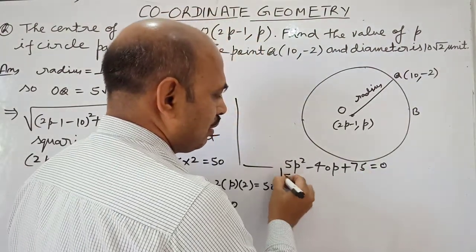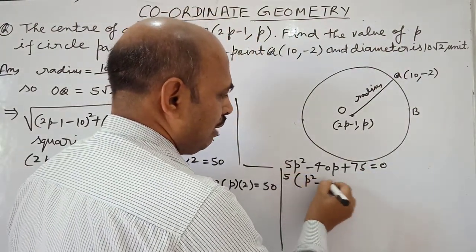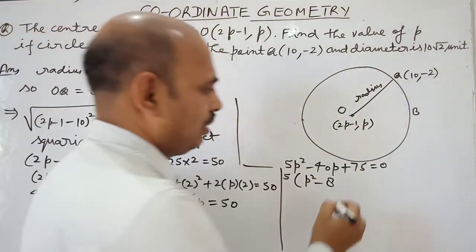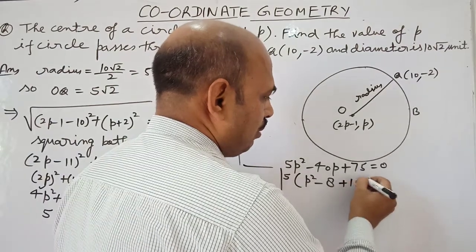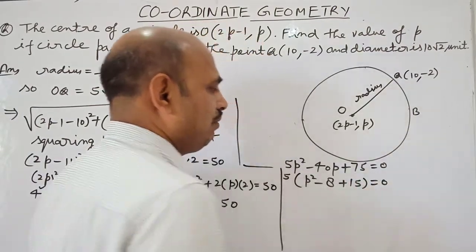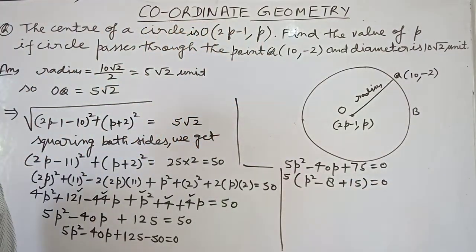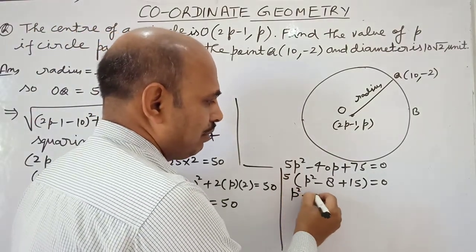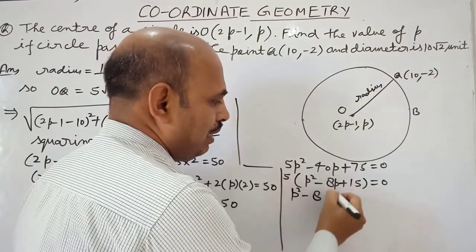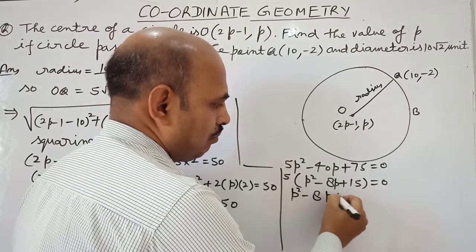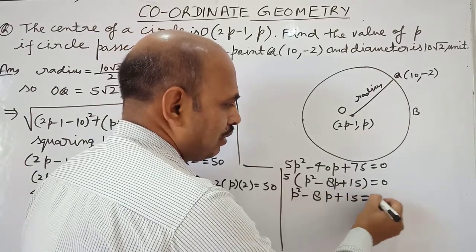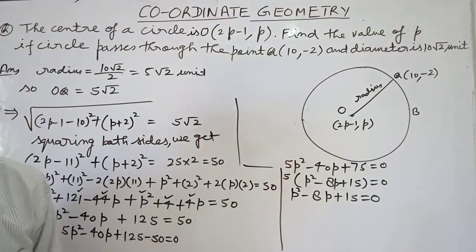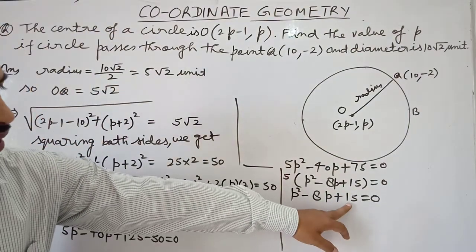Take 5 common. 5 into p square, 5 into minus 8p is minus 40p, 5 into 15 is 75. Divide both sides by 5. We get p square minus 8p plus 15 equal to 0. Do factor.